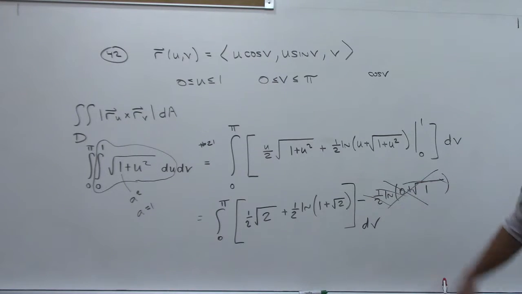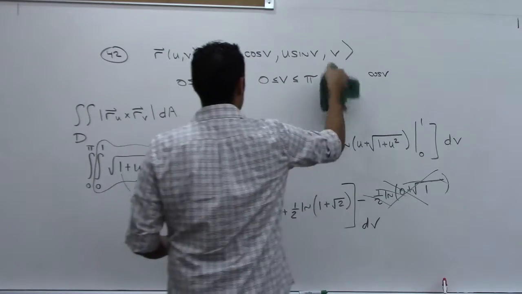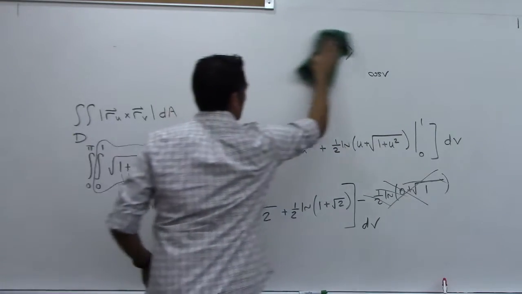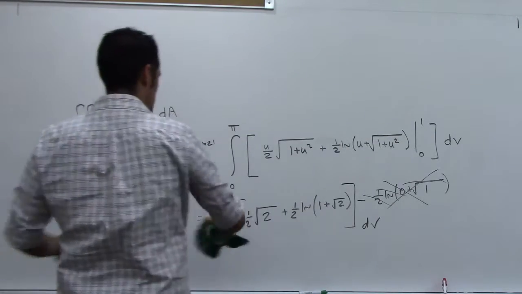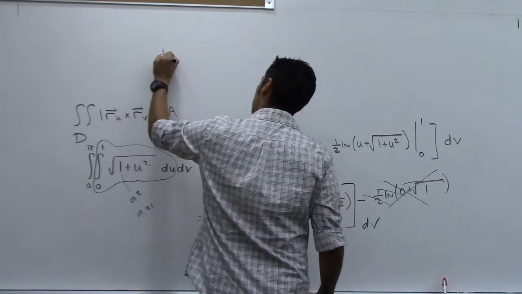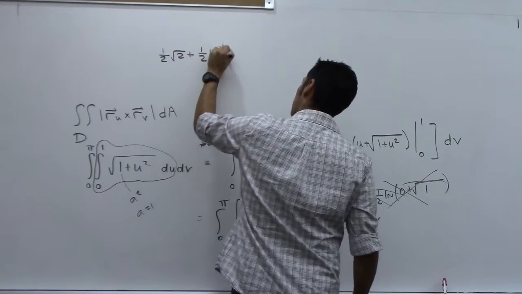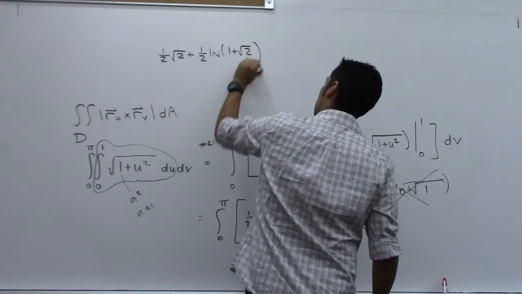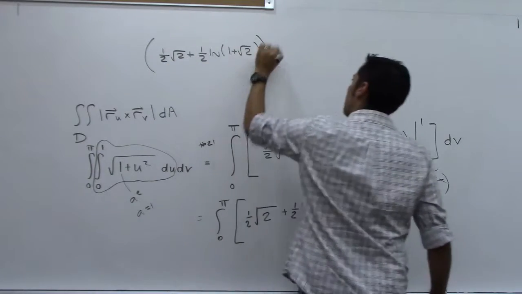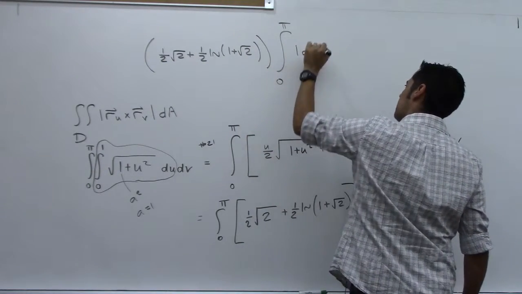And that's all one big constant, right? So I can pull that constant out. I have 1/2 root 2 plus 1/2 natural log of 1 plus root 2. That's all one big constant outside the integral 0 to pi of 1 dv.